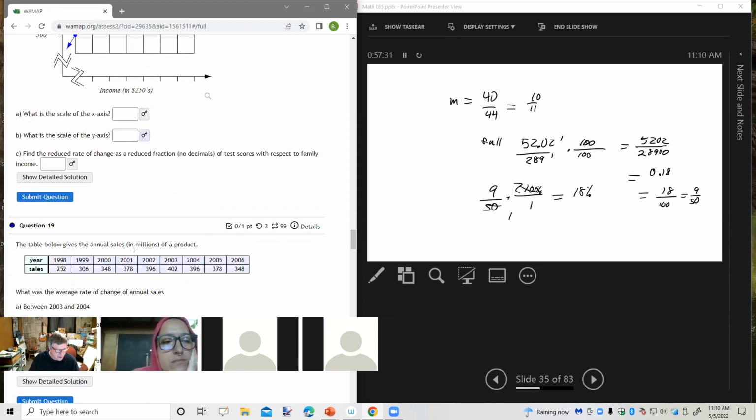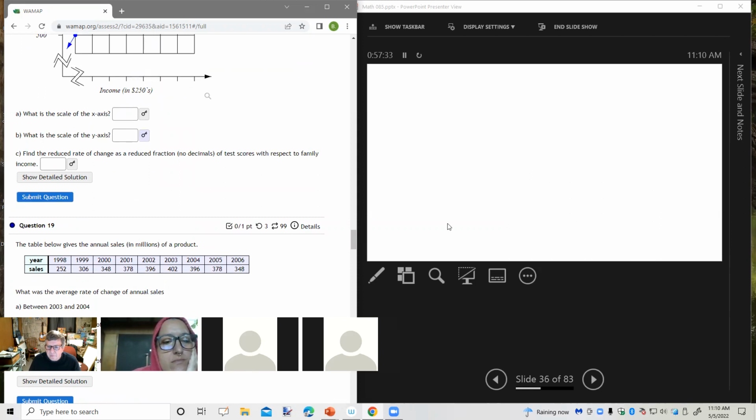Oh, I know what I want to talk about. So slope usually deals with things like numbers. Rate of change would be where there's units involved. So for instance, let's say the slope is 30 or 30 over 1.